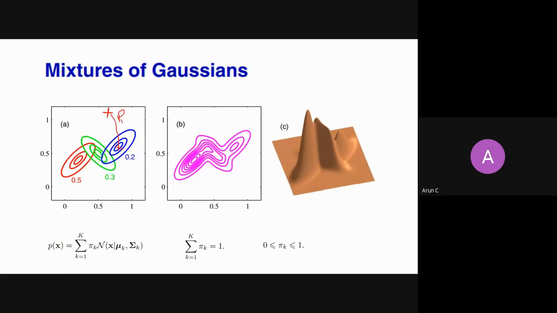I don't care how small or how big that probability is, but there is always a probability of generating this point from this cluster. Similarly, from this green cluster, I have a probability of generating this point, and let's say that probability is P2. And generating the same point from the third cluster is P3.